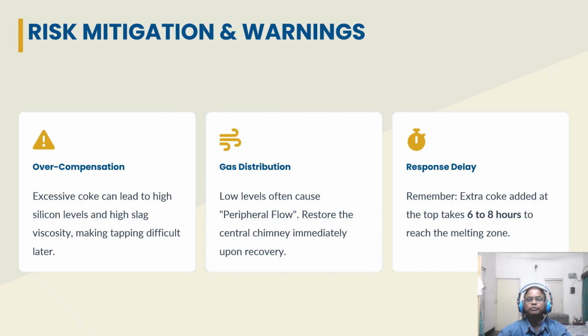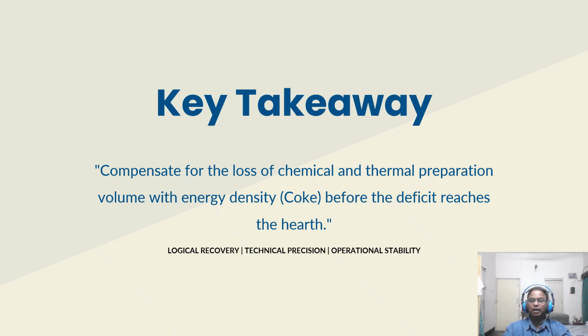Coming to the key takeaways. As we wrap up, let's look at them. Compensate for the loss of chemical and thermal preparation volume with energy dense coke before the deficit reaches the hearth.